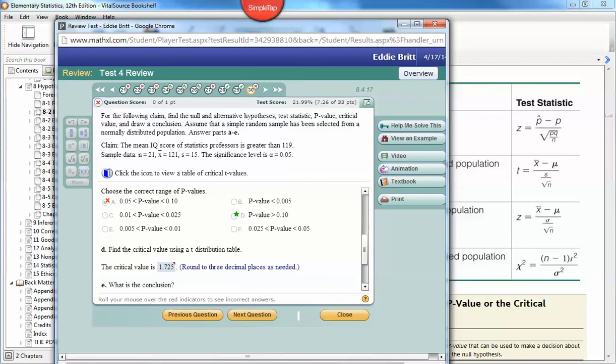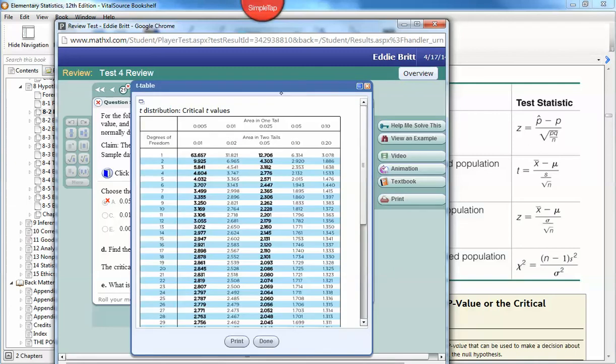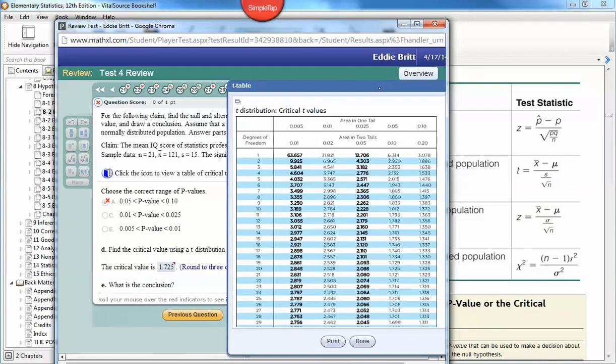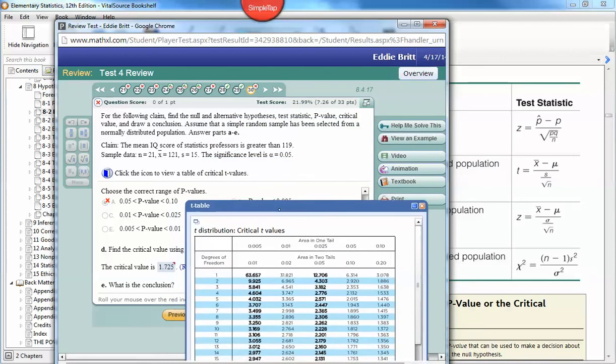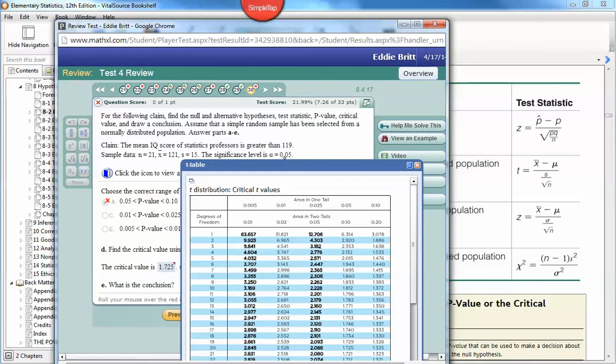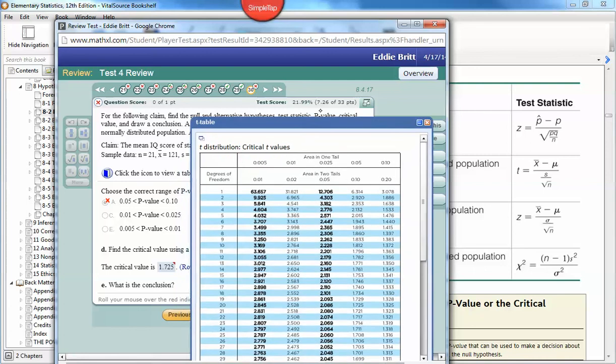All right, find the critical value using a t-distribution table. So we just had the t-distribution table, and we'll click on it again. Our degrees of freedom is 20 here. Our significance level is 0.05.